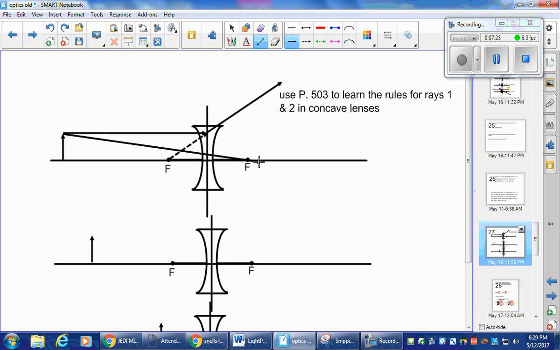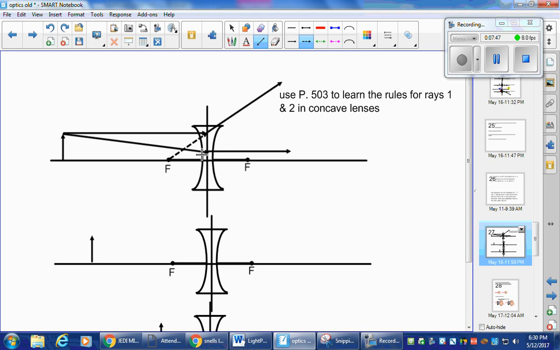But once it hits the center, it's going to continue its path straight this way. It goes parallel, just like all of our mirror rules and lens rules. The first one starts parallel, and then it follows the focal point this way. The second one follows the focal point, and then it goes parallel to the principal axis, right?